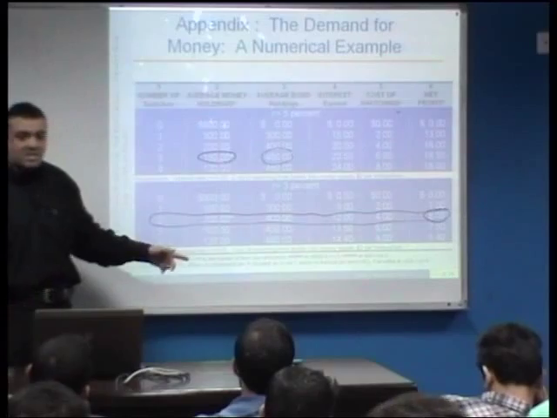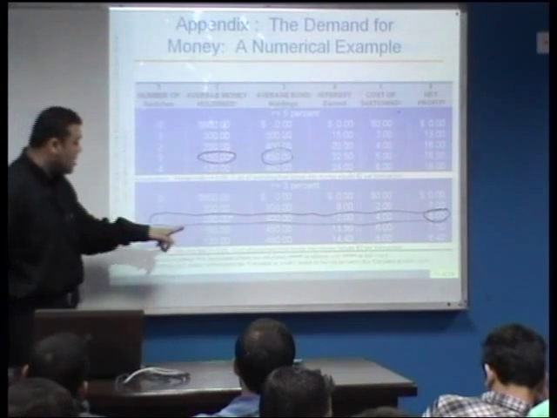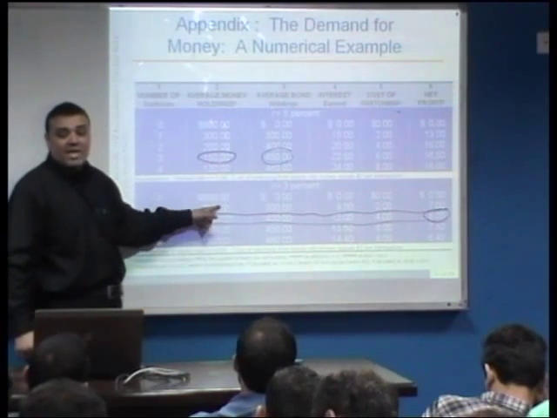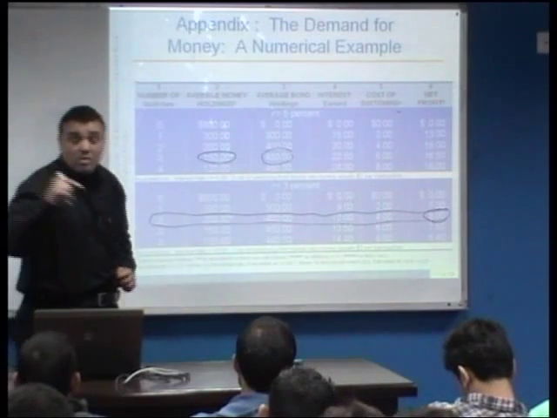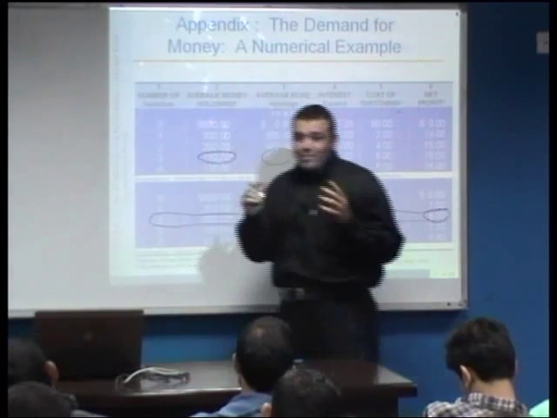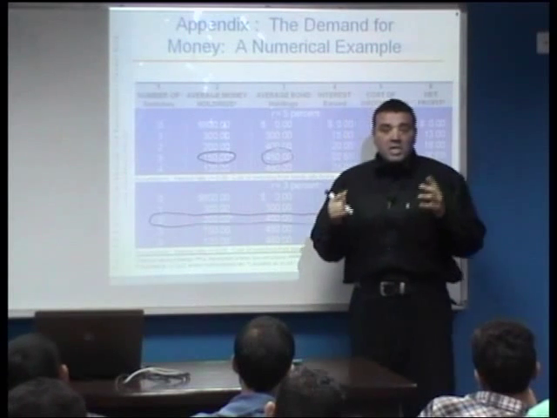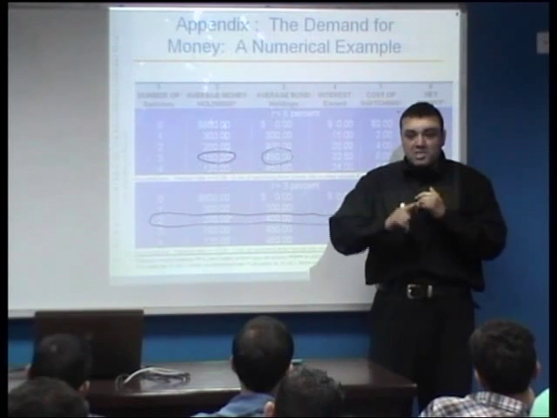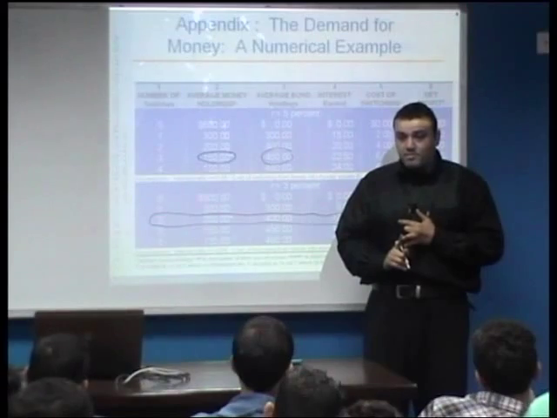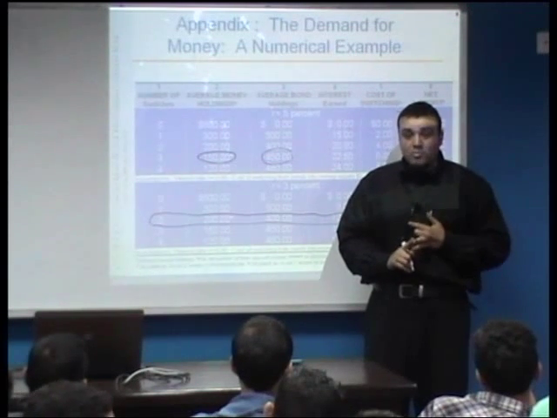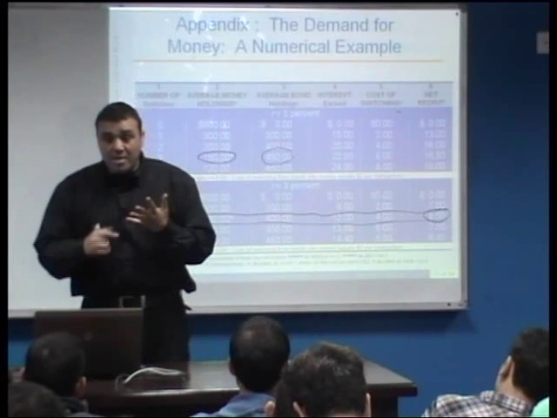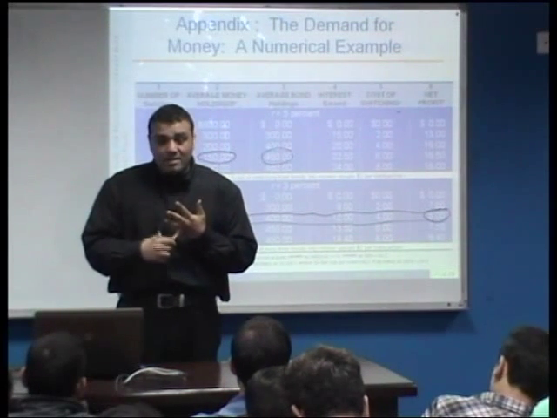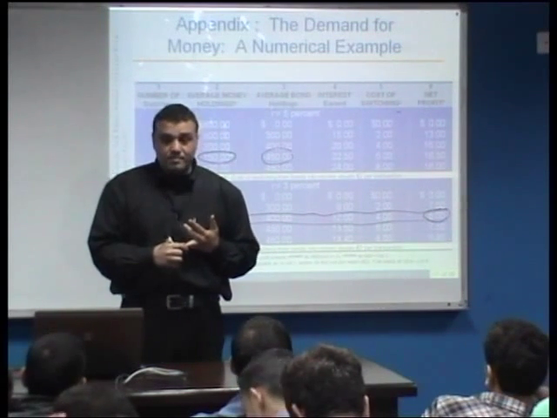So I advise the household to hold money or cash money of 200 and buy bonds by 400. So as you see, the optimal balance is determined by the interest rate and the cost of switching. Exactly. To maximize the profits, it depends on the interest rate and the cost of switching.